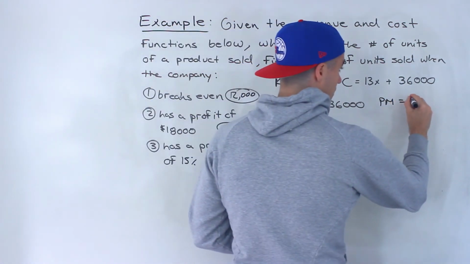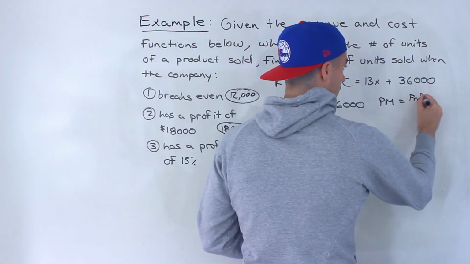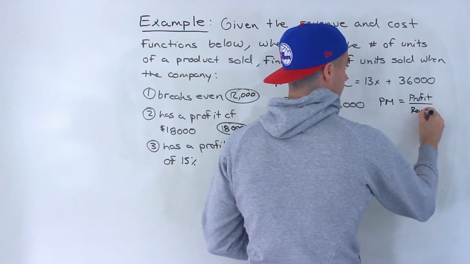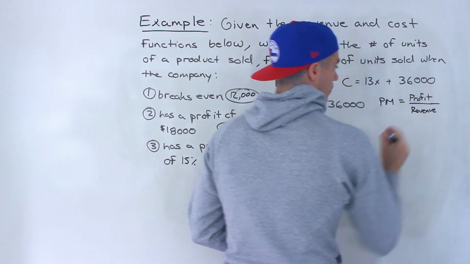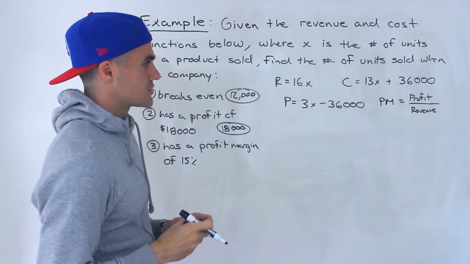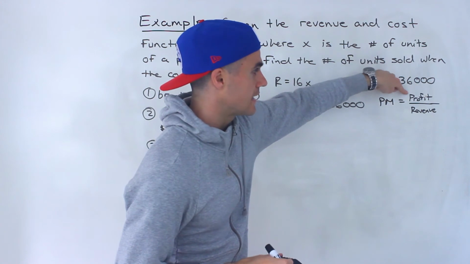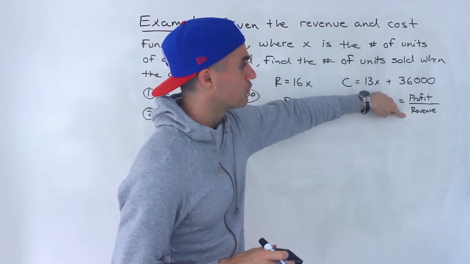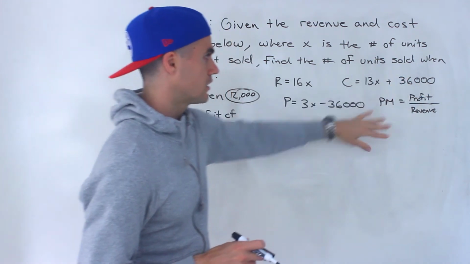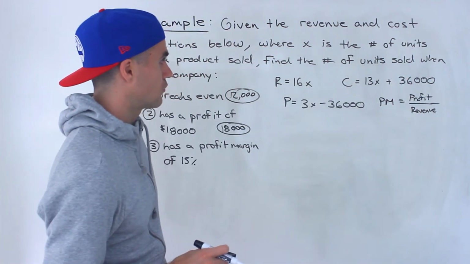So it's basically profit over revenue. Or if you're going into accounting terminology, sometimes you'll see net income over revenue, or net income over sales, or earnings over revenue. Here we'll just leave it as profit over revenue.